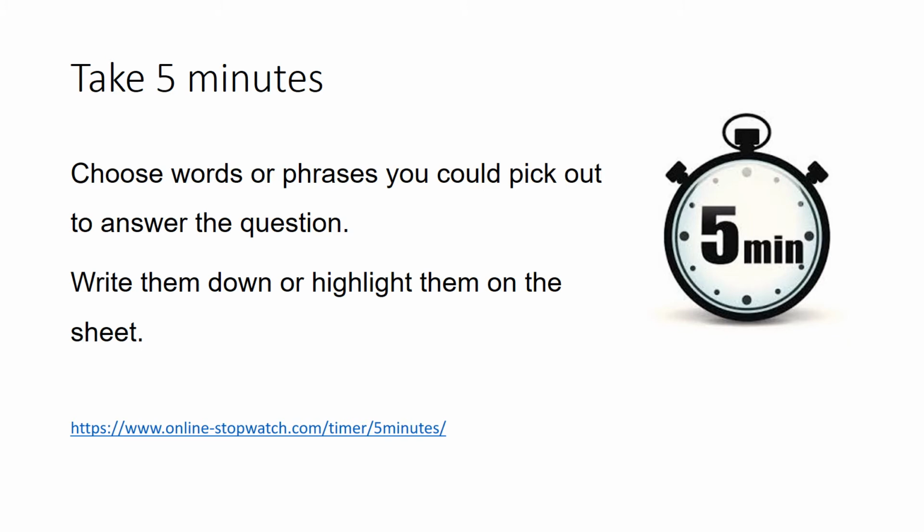Now remember, the question is, how is tension being created? So any feelings to do with fear, worry, anxiety, stress, any parts, and that can be stage directions as well. Think about if they create tension, and it would be great if you can start thinking about why they create tension too. I want you to spend about 5 minutes on this.